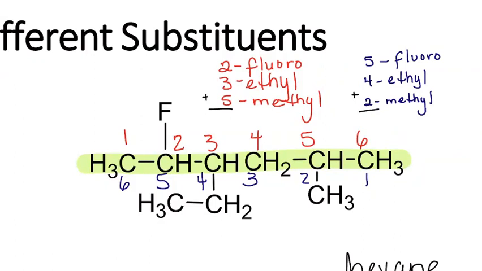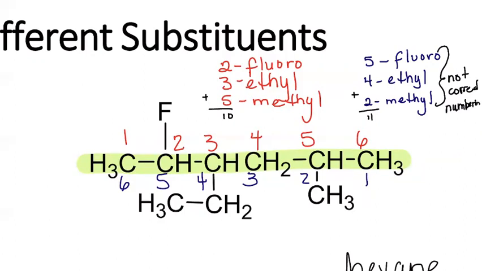2 plus 3 plus 5, that's 10. 5 plus 4 plus 2, that's 11. So that tells me that this is not the correct numbering.